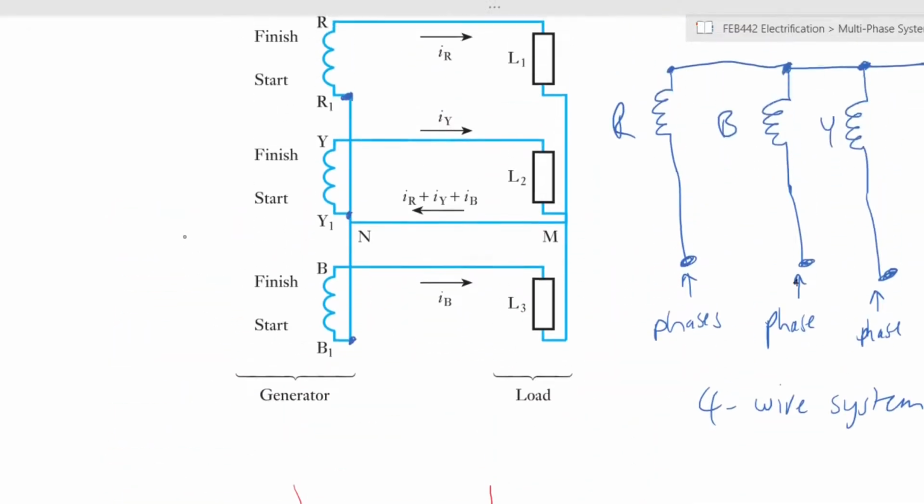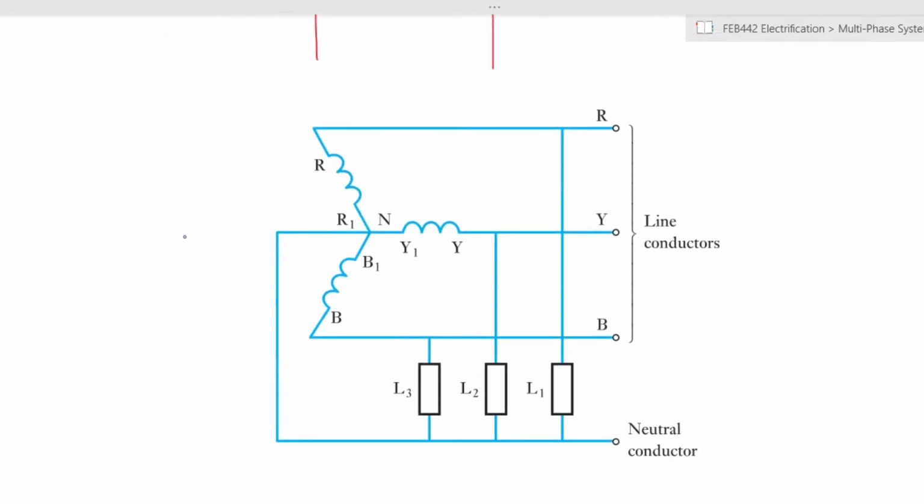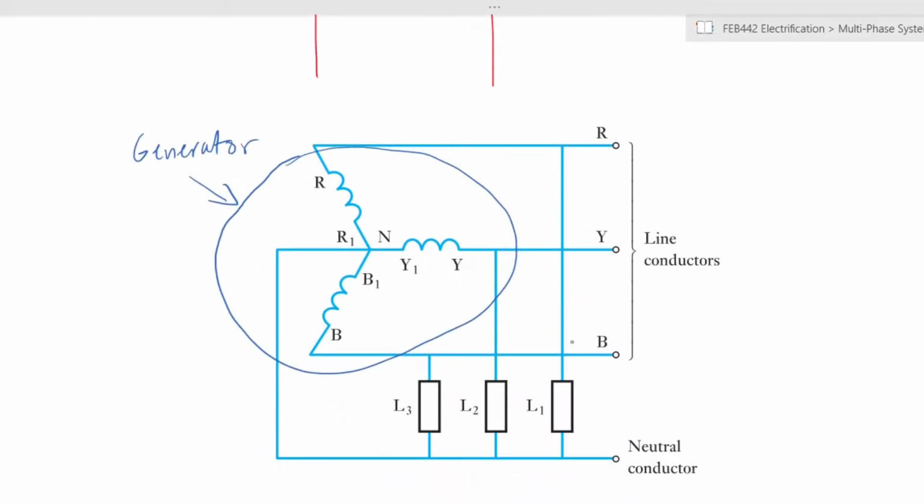The currents within each of these windings and the voltages are in 2 types. So if you have your machine and it is connected to your loads, let's call these your loads, it is connected via these cables, okay? So inside the generator, any currents or voltages are what you call the phase voltages.